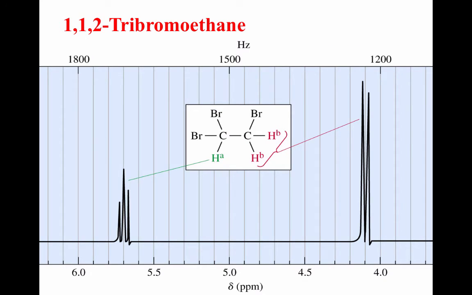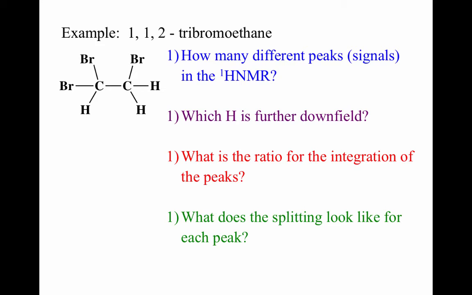So if we look at 1,1,2-tribromoethane, these 2 hydrogens are in one environment. This hydrogen is in the other. 1, 2, 3. They are within 3 bonds of each other. These 2 hydrogens are neighbored by 1 hydrogen. This 1 hydrogen is going to cause this signal to become a doublet.